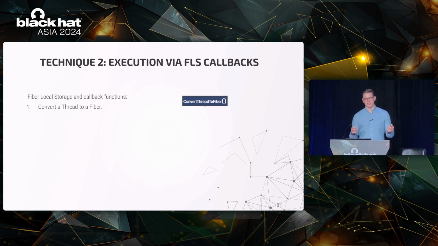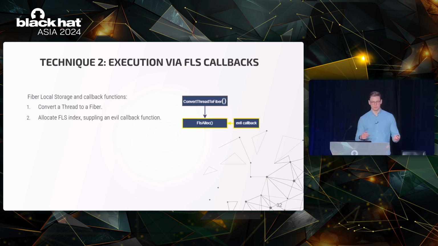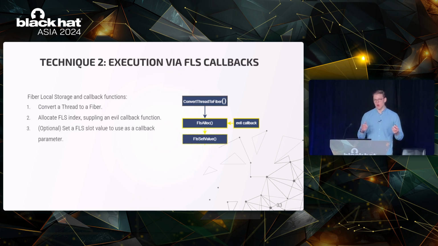The second technique is to use fiber local storage callbacks and define a malicious callback. So like before, we convert our thread to a fiber. This time, we allocate some fiber local storage, and we supply a pointer to our evil callback. Then, optionally, we can supply a parameter to this callback that we've defined earlier.